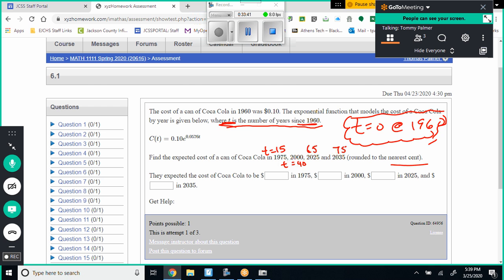So I'm just curious what it says. I'm going to do 2025, which is 65 years, right? Let's see how close it is. 0.0576 times 65.